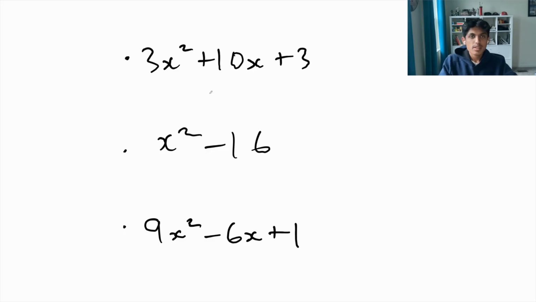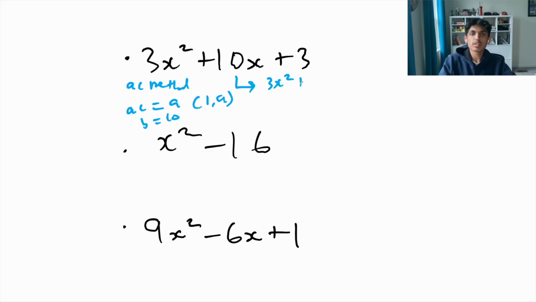Okay, so this first one, I don't really see any special factoring patterns, so I'm just going to go for the AC method. So I get AC is equal to 3 times 3, which is 9, and B is equal to 10. So two numbers that multiply to 9 and add to 10, well, that's just going to be 1 and 9. So I'm going to split the middle term, which should give me 3x squared plus 9x plus x plus 3.